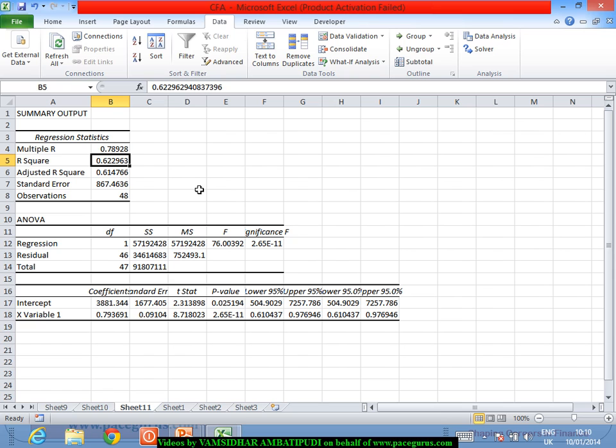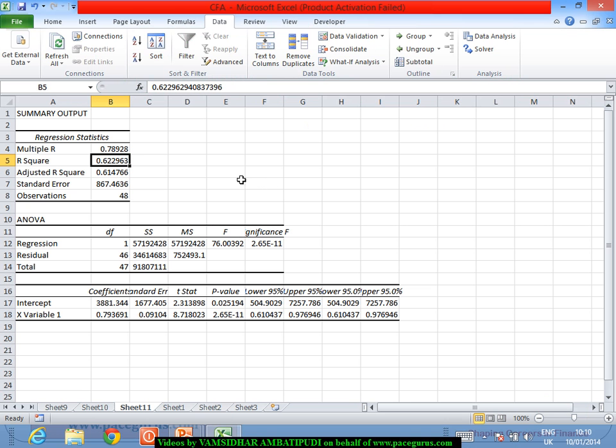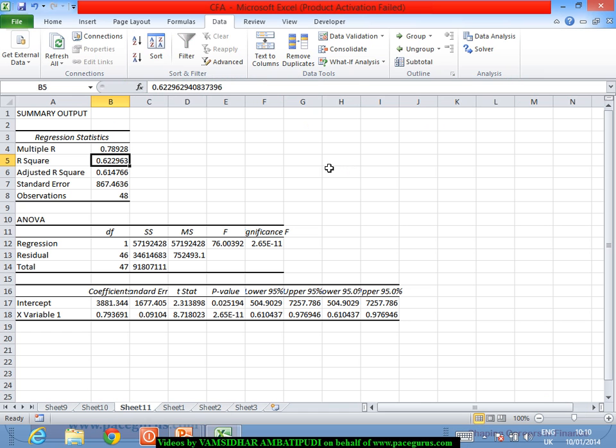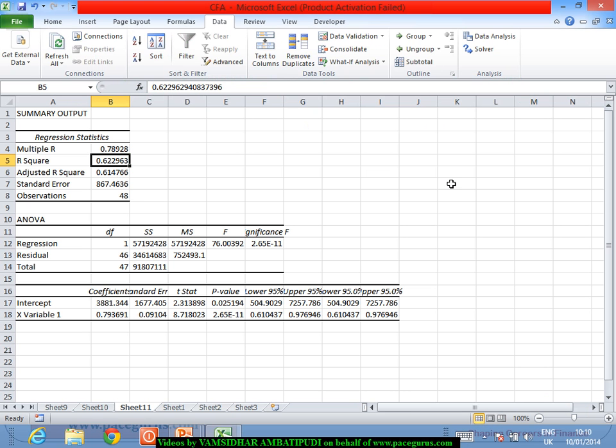Now what is the equation for us? Yt is equal to 3881 plus 0.7936 times Yt minus 1. This is the expression that is coming out using the autoregression scenario.